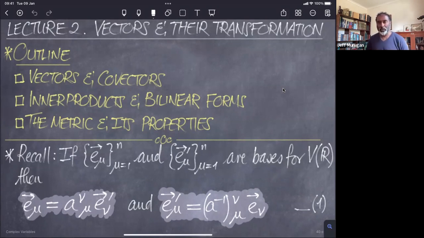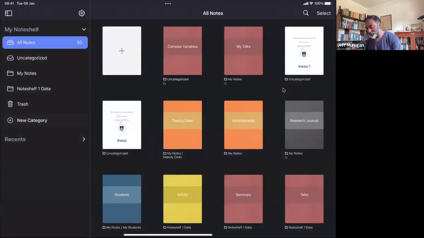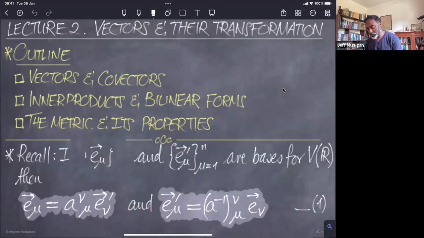Vector spaces come with bases. I'll assume that all the things that you need to do with the basis, like make it an orthonormal basis set, holds. So suppose I have two bases, E mu and E mu prime, with mu equals 1 to n.